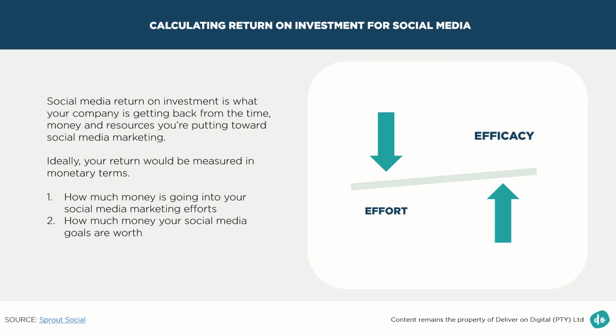So we want to compare how much money is going into my social media marketing efforts and how much is that worth. So what is the impact on my business? Is, for example, the majority of my website traffic coming from my social media, in which case it's 100% worth it? Or can I say actually the social media platform is not delivering on its KPIs and therefore either we can pull back the effort that we spend on it or we can decide to remove it from our social media strategy completely.